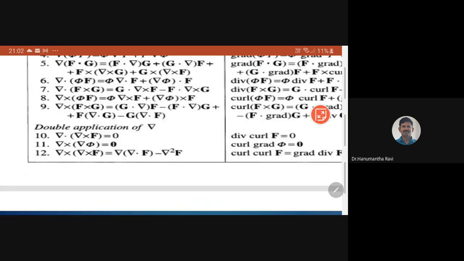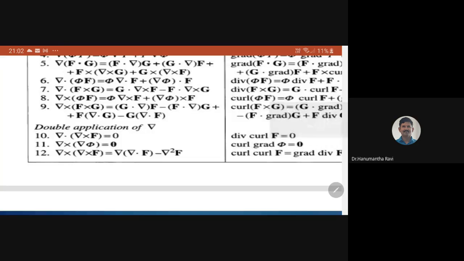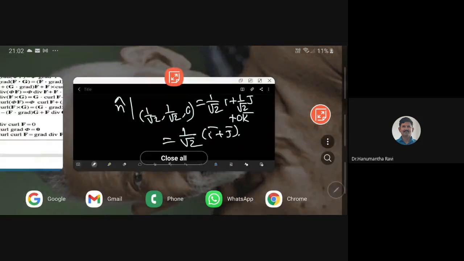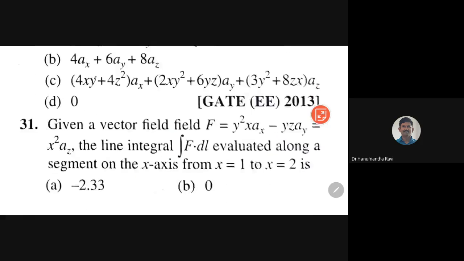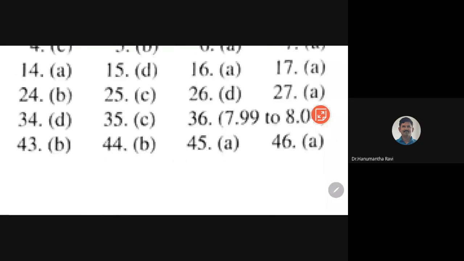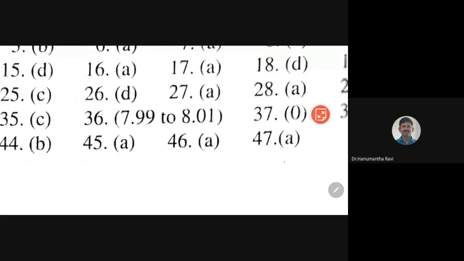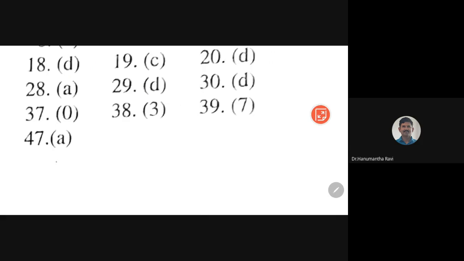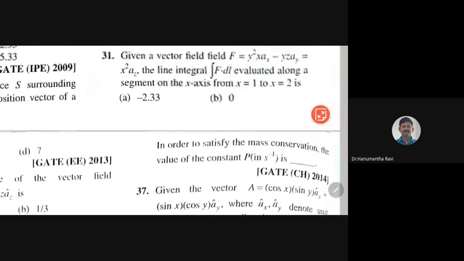You need not do any calculation here, so you can straight away say it is 0. So for 30 the answer is D. One need not do any computation here for 30.